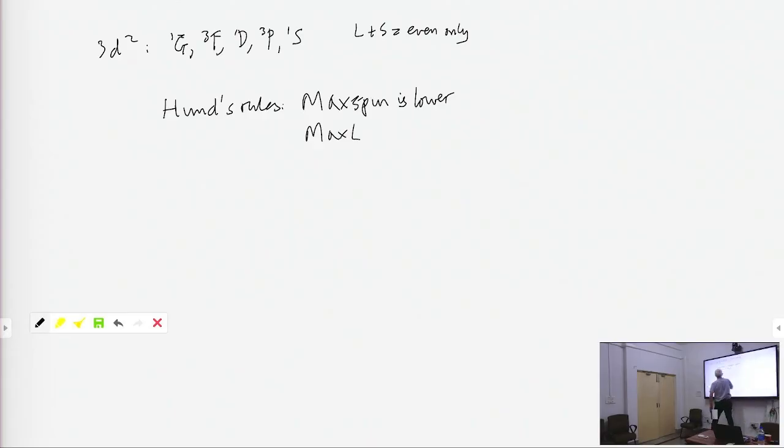So it goes triplet F, triplet P, singlet G, singlet D, singlet S. Lowest is triplet F. And there are rules on J, but I'm not going to get into them because they're quite complicated. Actually, I may mention them. So that's the next bit of the question.